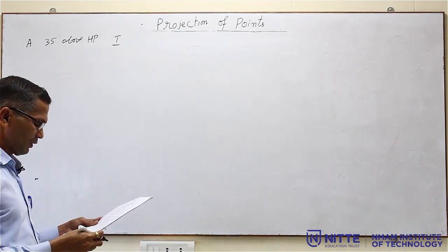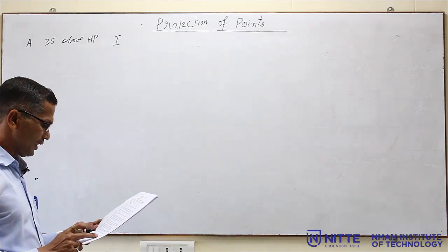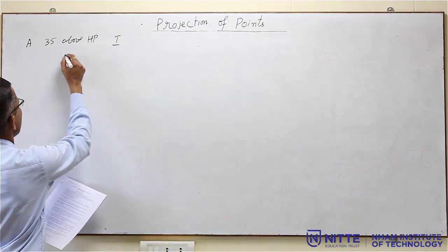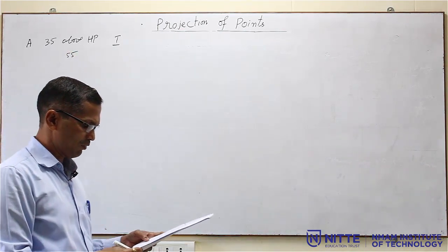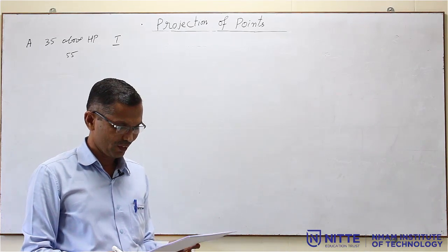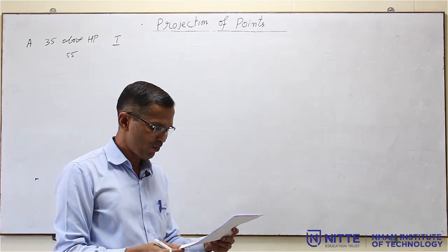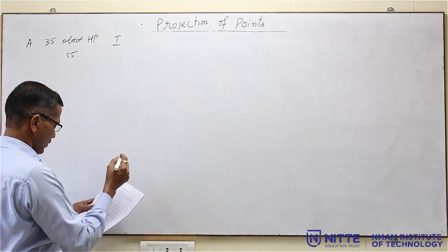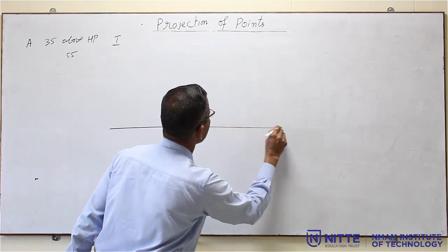Its shortest distance from XY line is 55 millimeter. Draw the projection and determine its distance from VP. So, it is in the first quadrant. So, you prepare for the first quadrant.